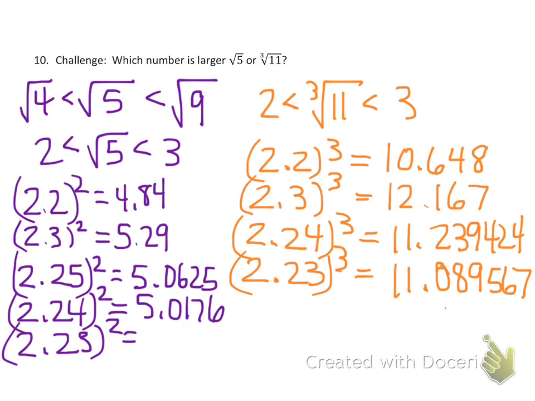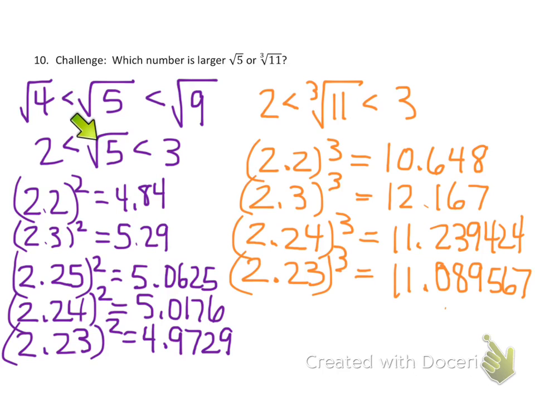2.23 times itself is 4.9729. Now, we need to stop and think about what we have. Make sure you know what we know.